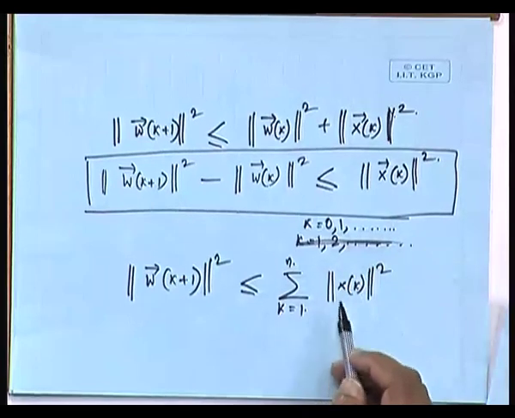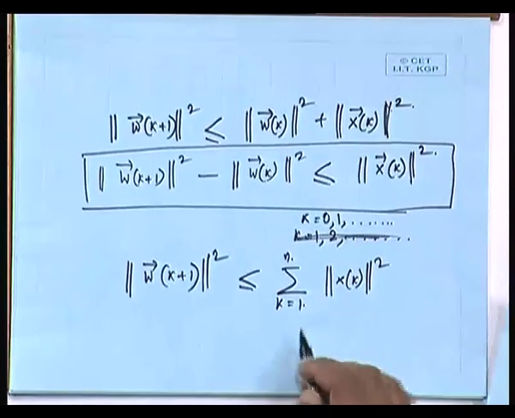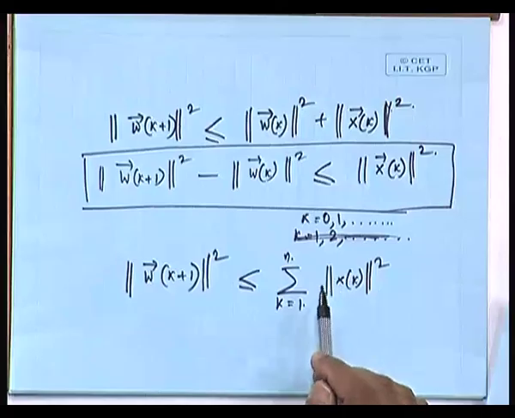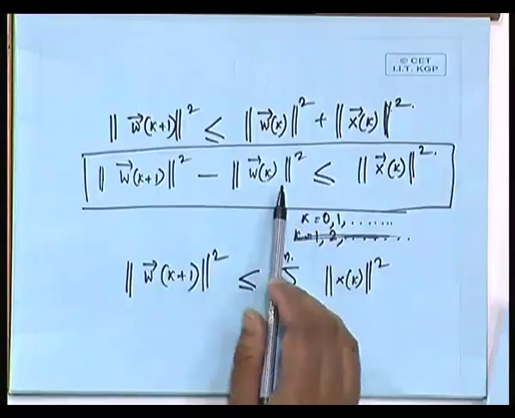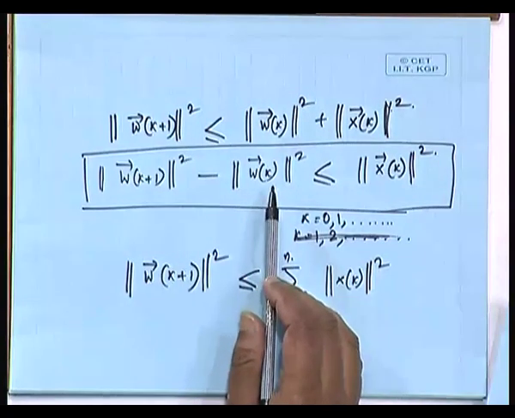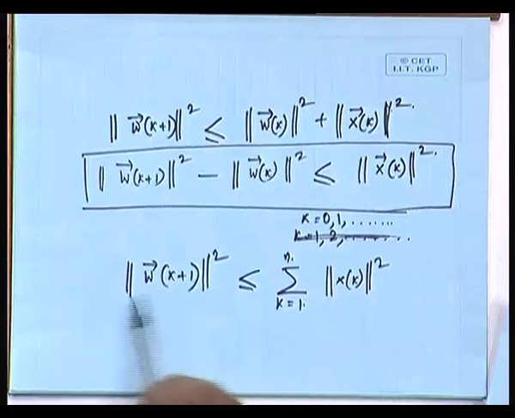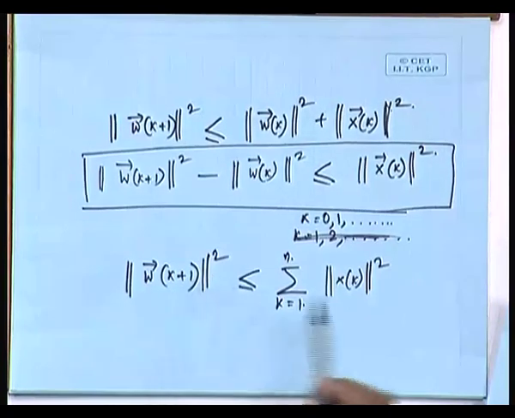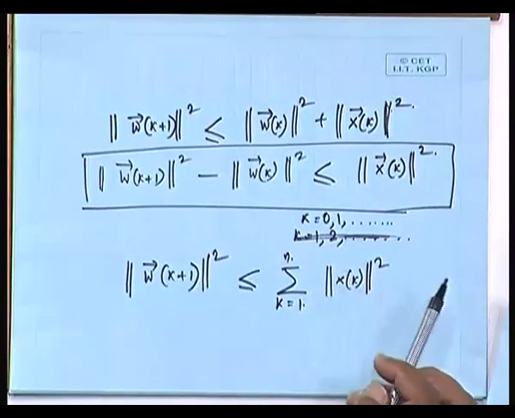So that is why for the pattern we sum for k is equal to 1 to n, but take that as 0. So here we are getting w 0 square equal to 0. So here we can write that w k plus 1 square is equal to summation x k square.